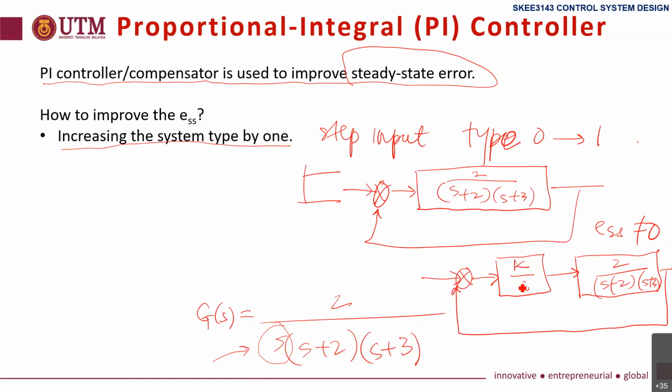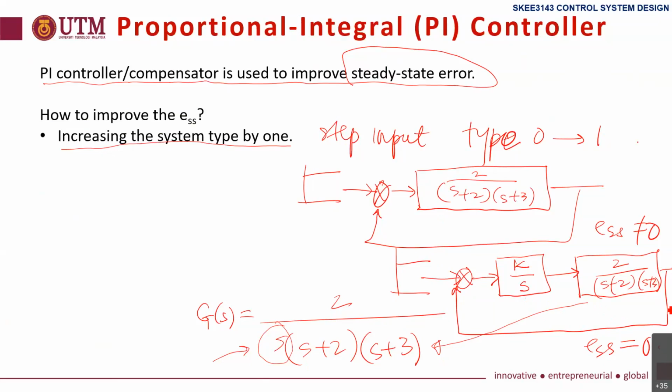See, I add 1 over s. If I add 1 over s here, then the denominator will become this. And if I give input step, output will give 0 error. That is the concept of PI controller.